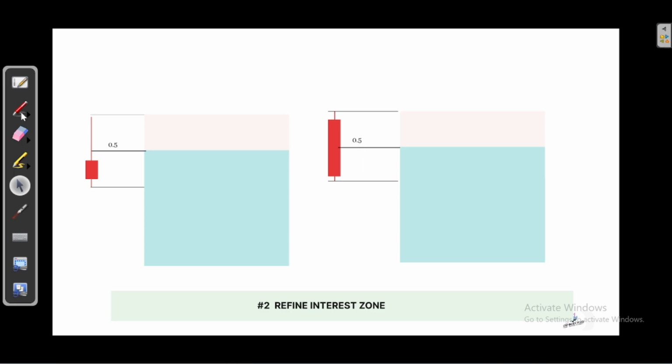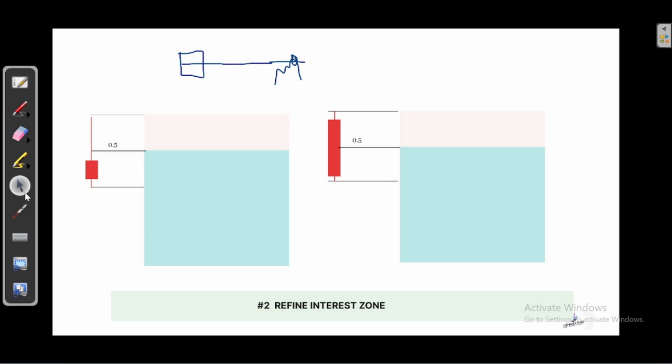So when price reverses to that level on lower time frame, I will be looking for opportunity to enter the market. Okay, looking at this, maybe on daily time frame, this is my order block, right? I will make use of the 50 level of that order block at lower time frame. So I will wait for the price to come to that order block, and it's from that point that I'll be looking for opportunity to enter the market.